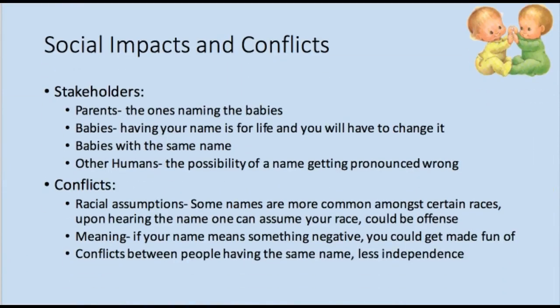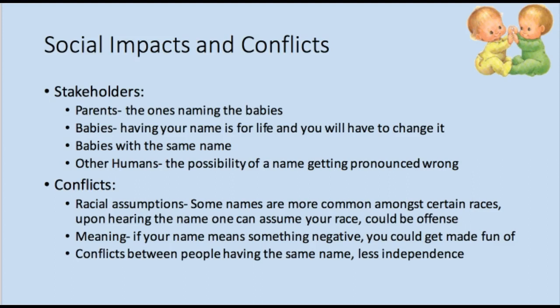The social impacts and conflicts that I found were that the stakeholders were the parents, the ones naming the babies. The babies will have their name for life, and they'll have to change it if they don't like it. There are many babies that have the same name, and other people can also be affected by this, because if you have a name that nobody knows how to pronounce, a lot of times people can pronounce your name wrong.